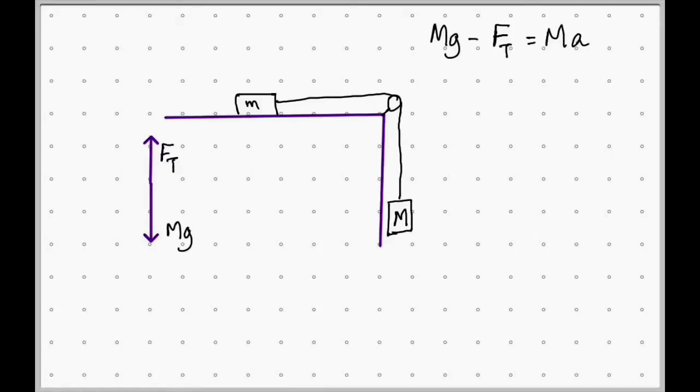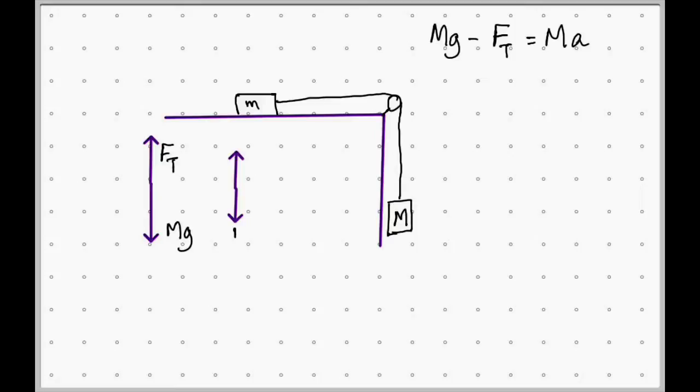But when you come to the smaller mass, its weight is acting down, and there is a normal force. You don't call it tension. The reaction on a surface is called a normal force.